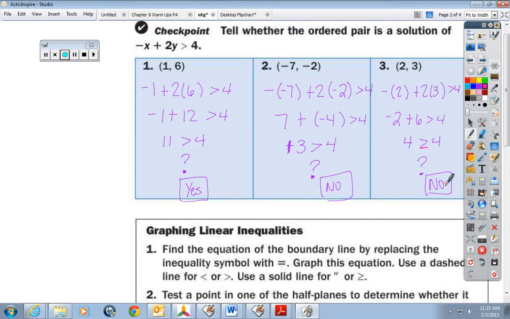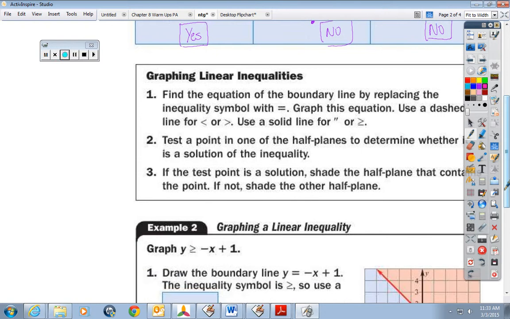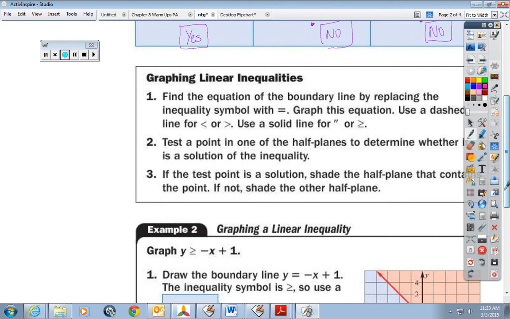Alright, now I'm going to go through this little box with you. It's not going to make as much sense until we go through the example. Okay, we are going to graph an inequality. We graph it using the slope-intercept form, where we find the y-intercept, we find the slope, and we plot the points on the line, just like we would if it was an equal sign.